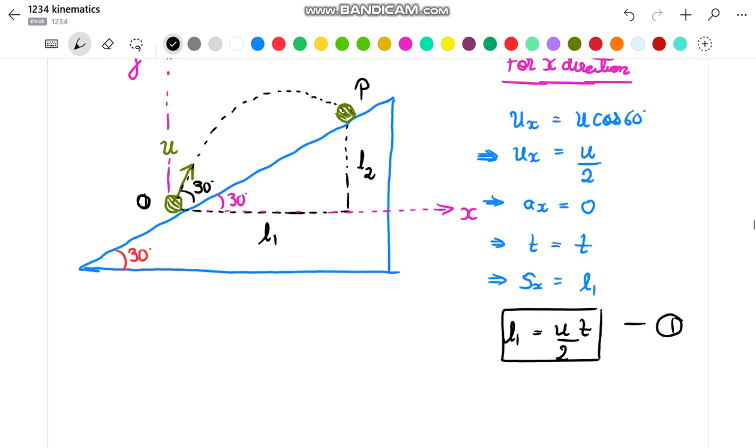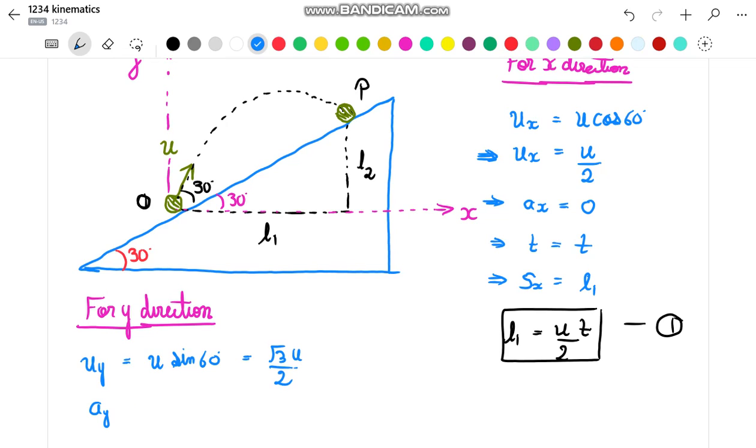Now applying the same process for y direction, I can write initial velocity along y direction will be u sin 60 degree, that is root 3 u by 2. Acceleration in y direction will be equal to minus g.